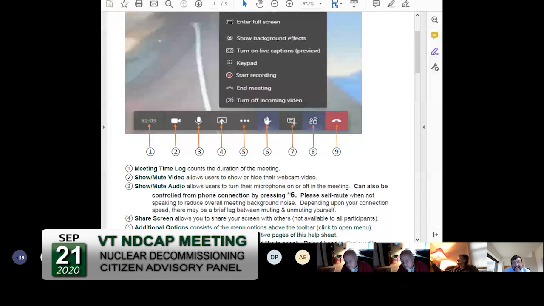Another option right next to this is a little chat function, which will send messages out to anyone joined in the meeting, but we have people monitoring that as well, and we can take messages that way. I am also monitoring my email coming in, so if you do have a question and you're unable to reach me any other way, send me a quick email. It will pop up on my screen, so I will know that a message is coming in.